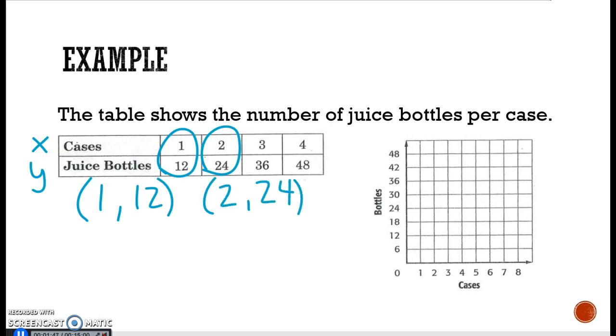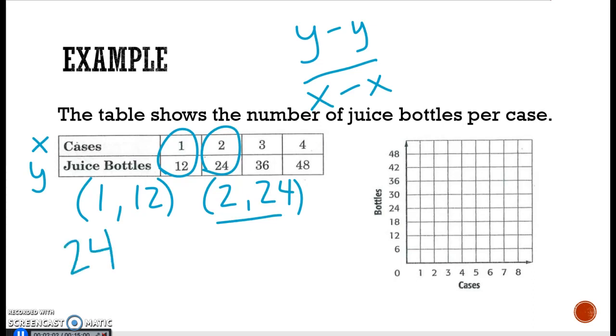Remember what we are doing is y minus y over x minus x. I'm going to pick one of the ordered pairs and use that one first both times. So I'm going to do 24, because that's in the y spot, minus 12, because that's in the y spot on the other ordered pair, over the 2 minus the 1, because those are both x terms.